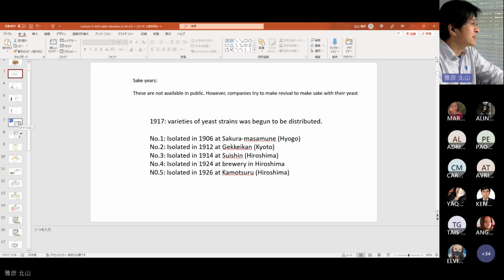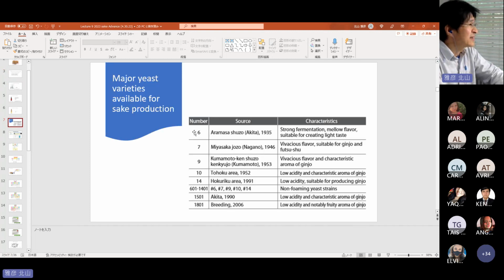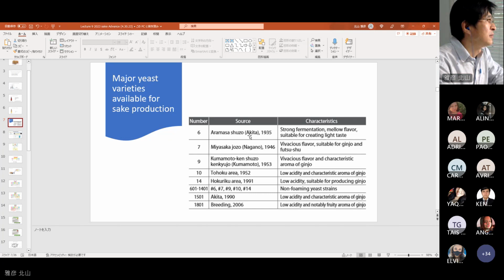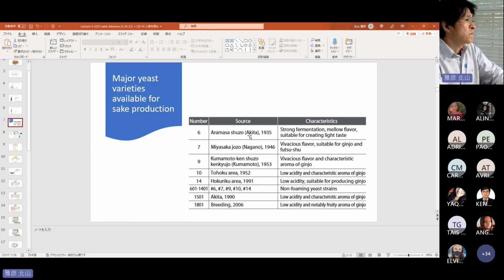But you can see these are from 1906 to 1926. But strains 6, 7, 9, 1935, 46, 53, 91, 2006 means they were isolated from other areas in Japan, not Kyoto, not Kobe, Hyogo, not Hiroshima.